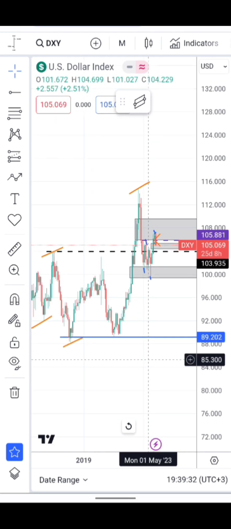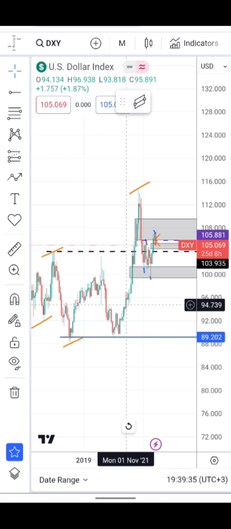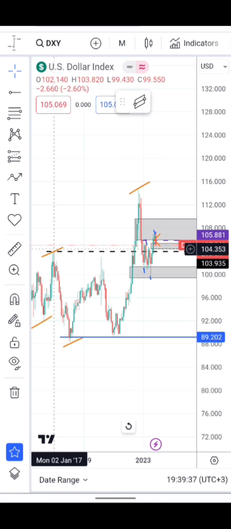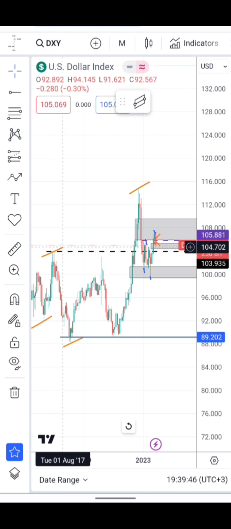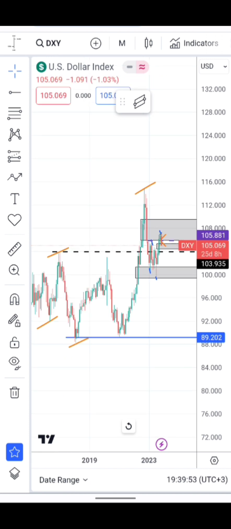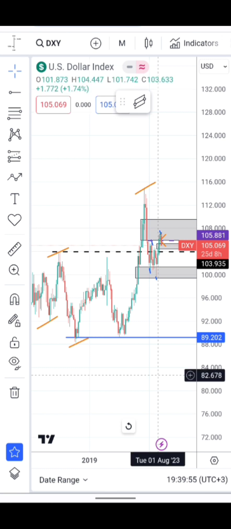That's as a result of the shift in market structure that happened following the violation of 2nd January 2017 high. It was broken through, so there was break of structure at the upside. To me, that one was a shift in market structure.